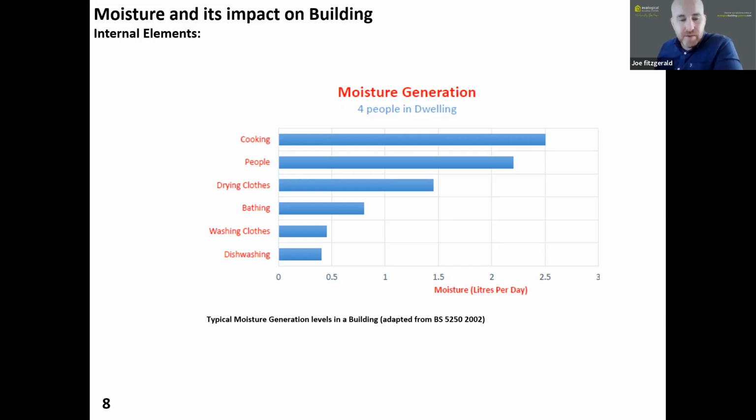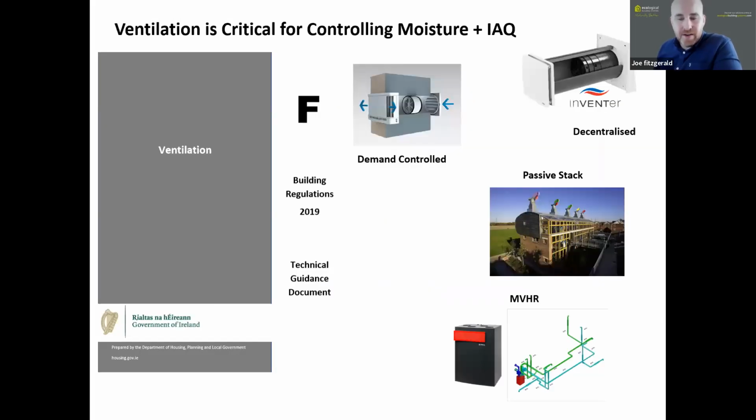And likewise, from an internal point of view, we can't underestimate the importance of a clear ventilation strategy. So again, this CPD is not about ventilation, but generally speaking, a holistic approach to upgrading buildings will always consider ventilation as a method of source control, so preventing high elevated moisture levels from occurring internally in the first place.